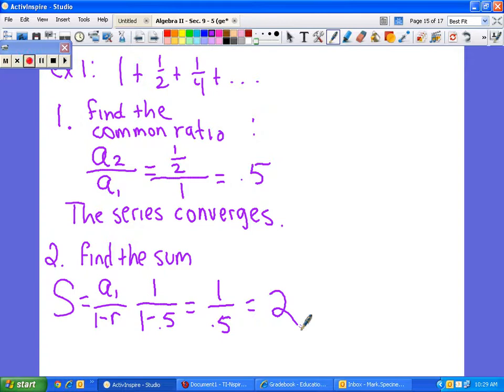It approaches 0, but it never actually touches 0. So 2 is not right? No, 2 is right, but it's not exactly 2. It's going to be approximately 2. That would be the approximate sum, because it's an infinite series and you can't actually find the sum. But it's the closest thing. That's right. That's how you know this converges.